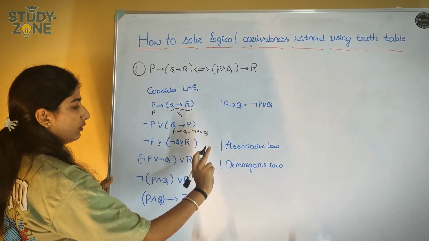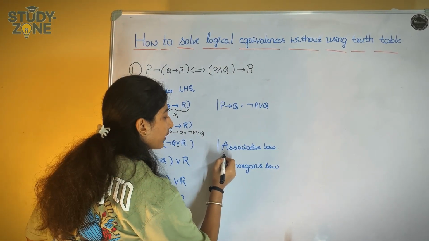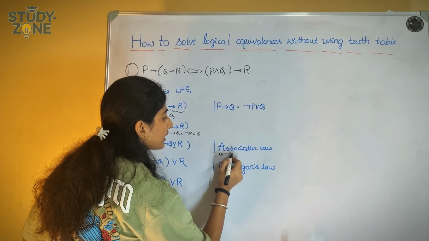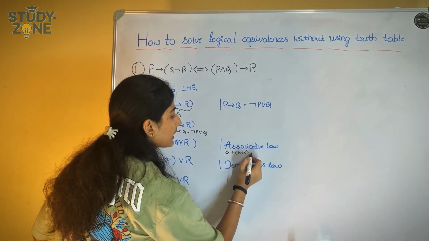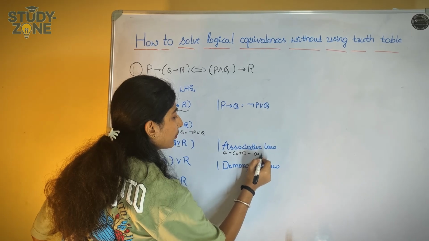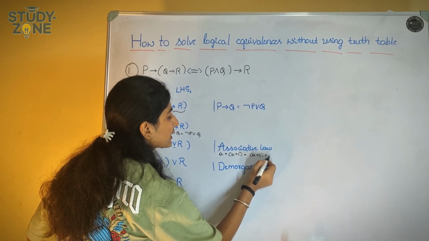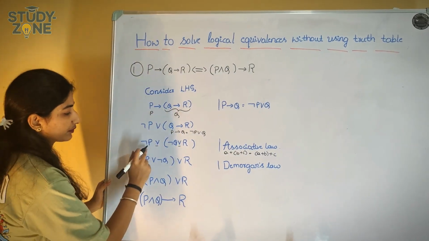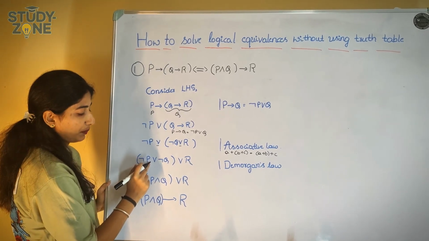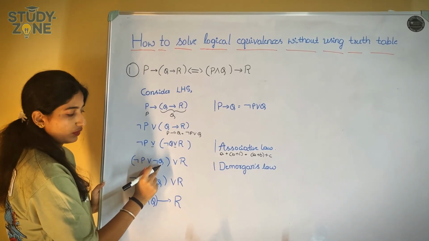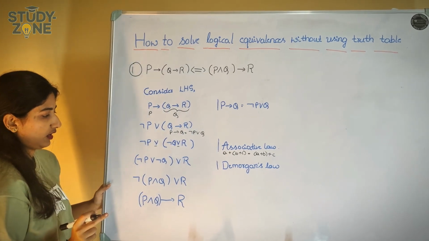Therefore associative law, which means (A + B) + C equals A + (B + C), correct? So we can write it as not P or not Q or R.